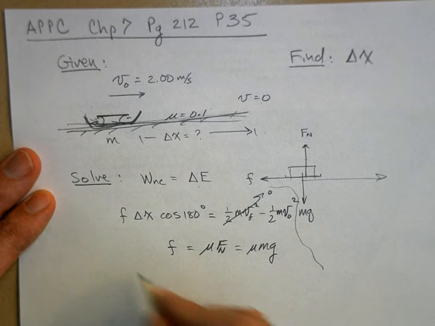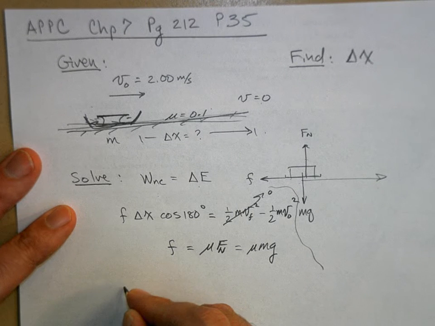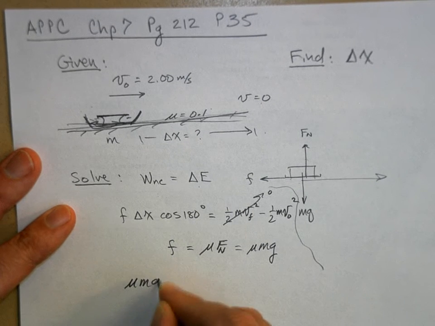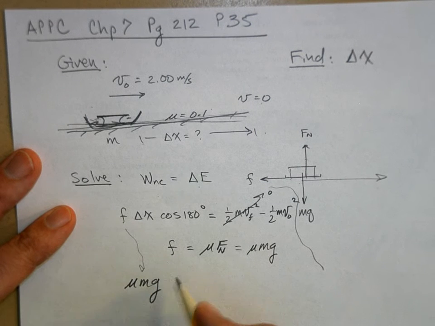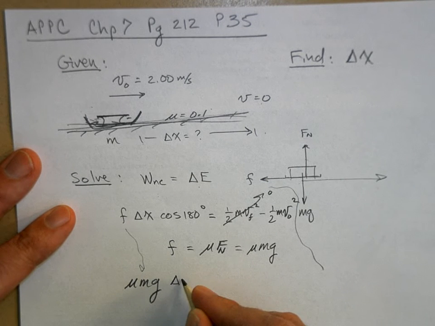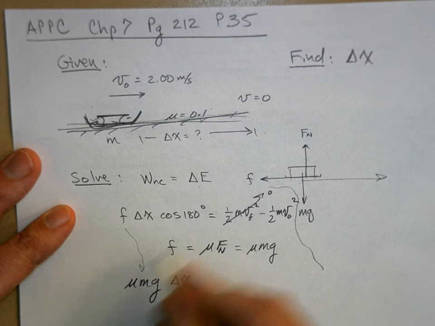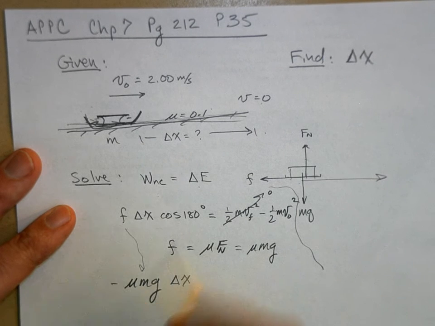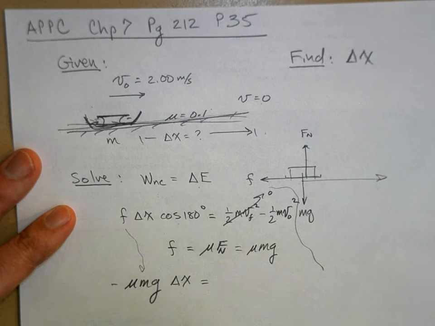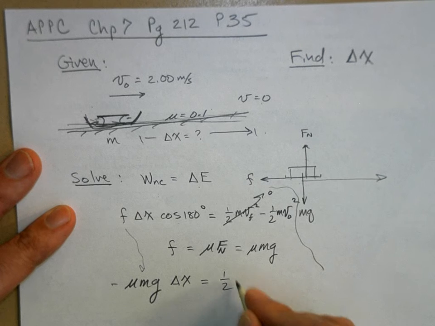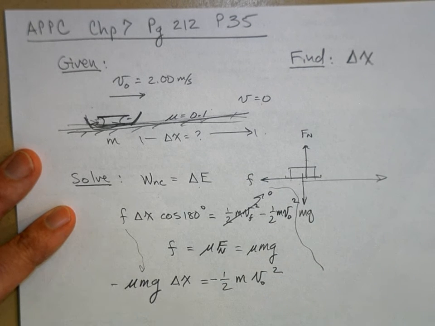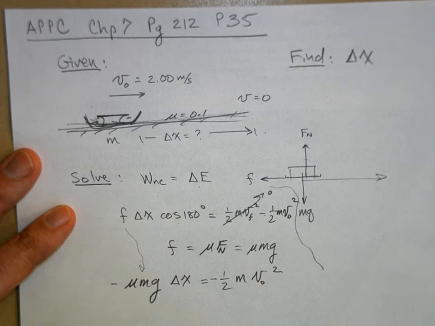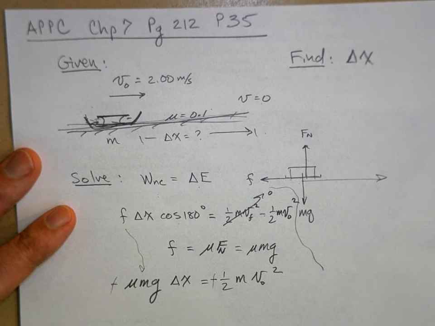So now I've got an expression where I can write mu mg, that's the friction force, times delta x, times cosine, which is -1, equals 1/2 the mass times the initial velocity squared. Oh, there's a negative there, right? Minus. The negative cancels the negative. That's pretty sweet.